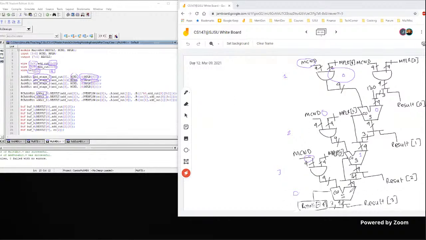The next one is 2, which is here. The first adder takes the three most significant bits, joined by a 1-bit 0, constructing the 4-bit value, exactly what we are doing here.